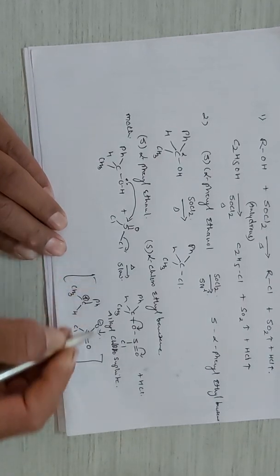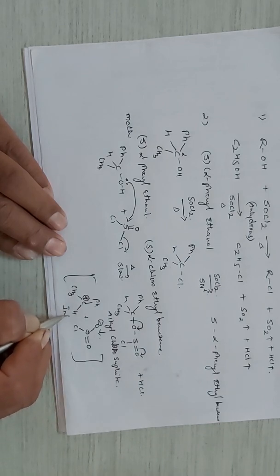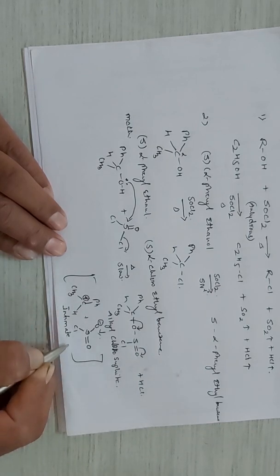Means here we are getting two ions. So these ions are called an intimate ion pair.